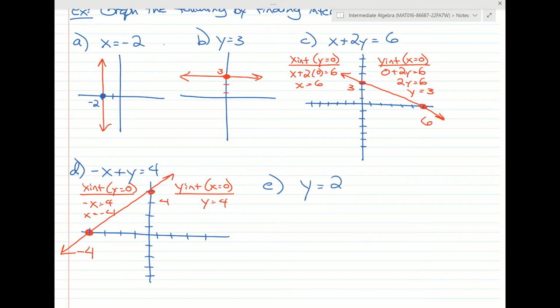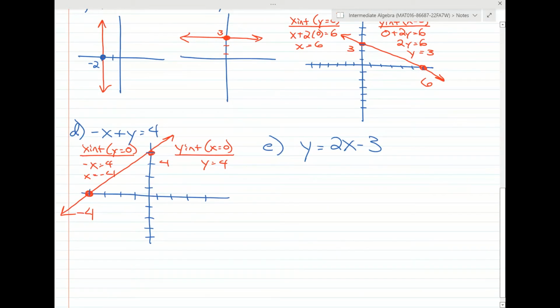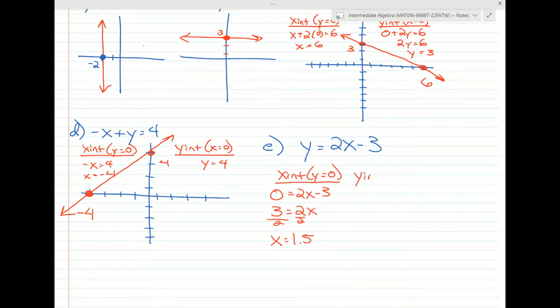We had y is equal to 2x minus 3. Sometimes the letters could be in different locations. We'll get the x-intercept by making y 0 and solve for x. x would be 1.5. Solve for y by putting 0 in for x.